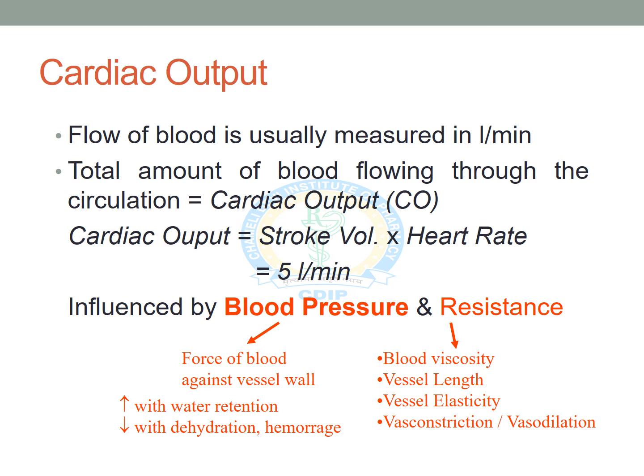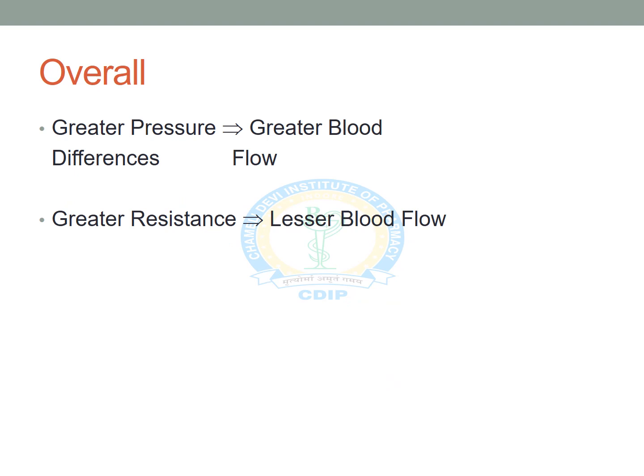The vessel length also determines the peripheral resistance, as do vessel elasticity and vasoconstriction or vasodilatation effects. So overall we can say that the greater the pressure, the greater the blood flow; the greater the resistance, the lesser the blood flow.